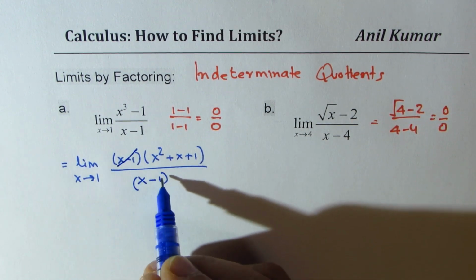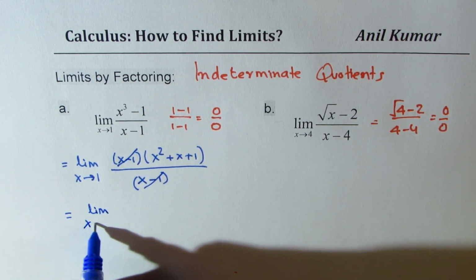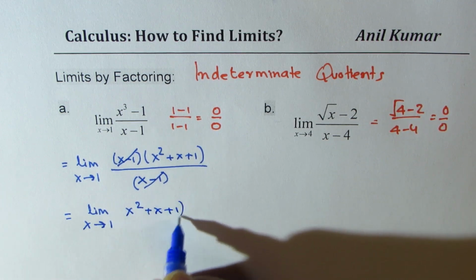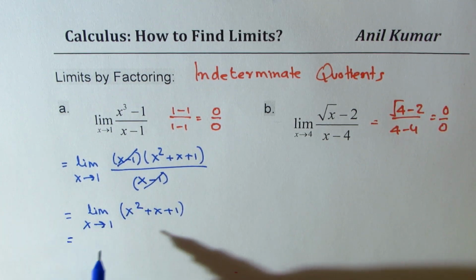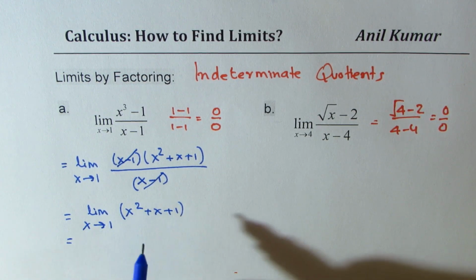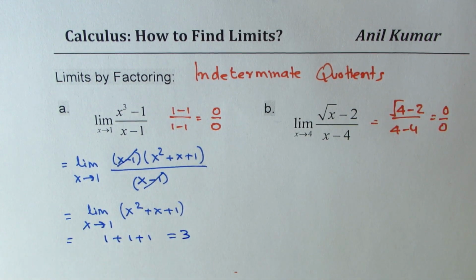Now this x minus 1 cancels. So we can write this as limit x approaches 1 for x squared plus x plus 1. Applying the laws of limits, which is you could add their limits individually, we just substitute the value. We get 1 plus 1 plus 1, which is 3. Clear? So that is how it should be done.